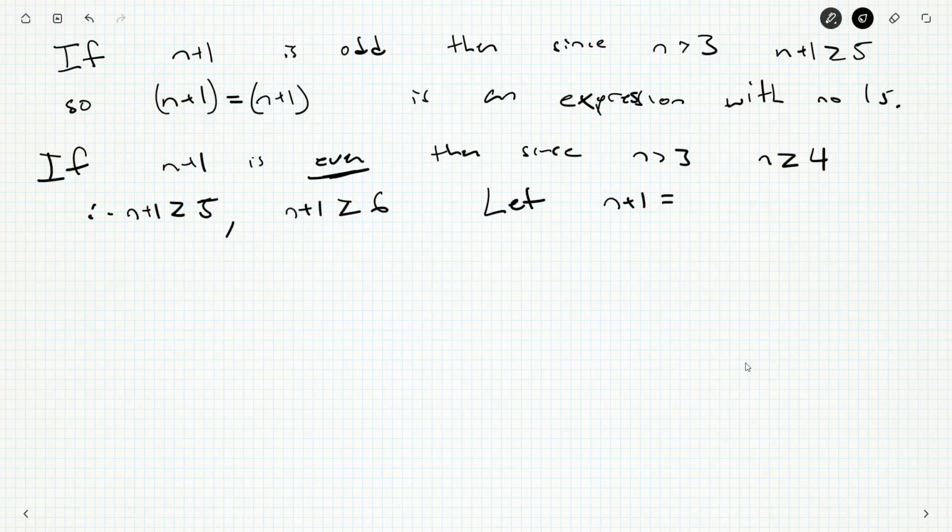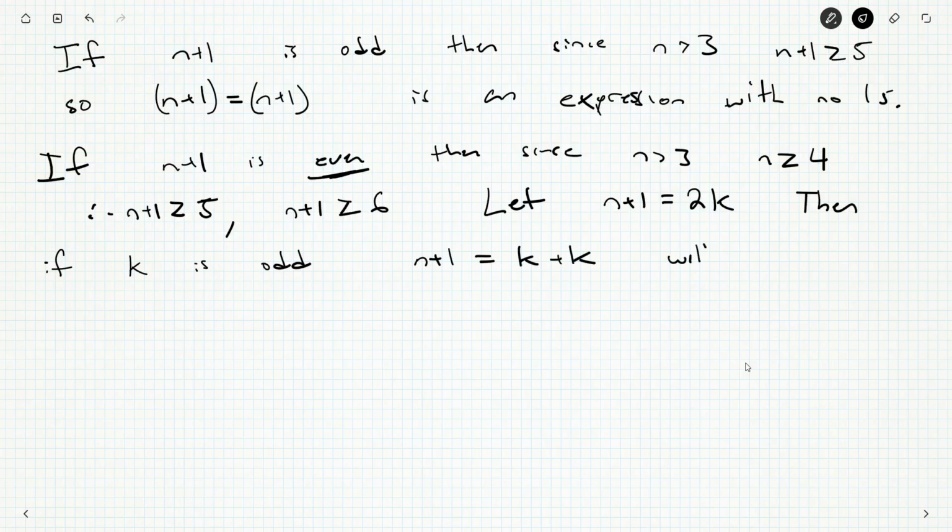Let n plus 1 equal 2k. Then if k is odd, n plus 1 equals k plus k will do. So we'll have no 1s.